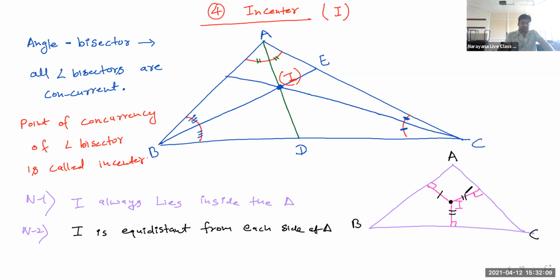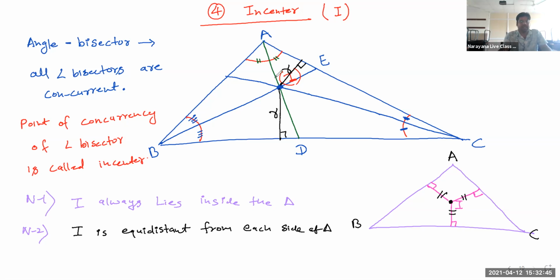I just want to let you know one thing, that this is D, this is not D, because here, if you drop a perpendicular from point I to BC, then this will be called small r. And if you drop a perpendicular on AC, then this will also be small r. And these distances are equal. All are equal distance.